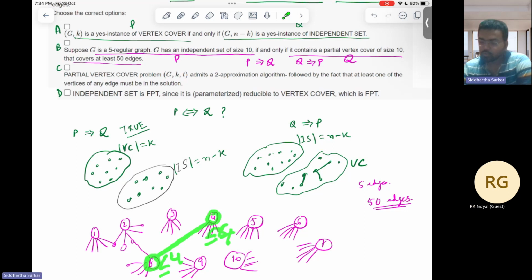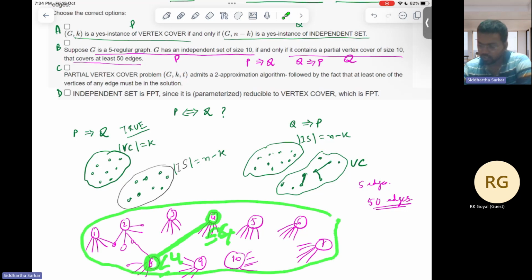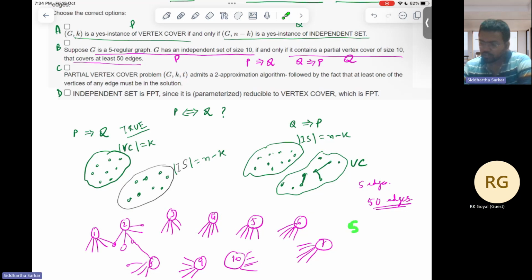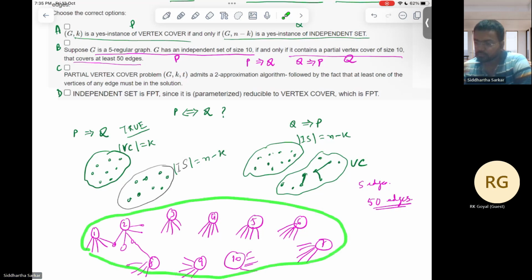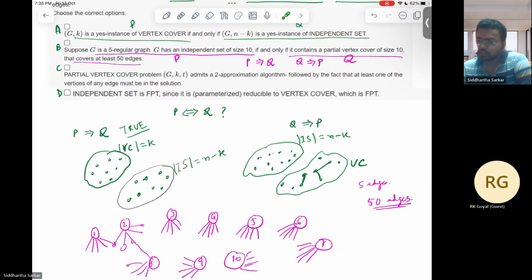Then the total number of edges covered by this set of 10 vertices will become at most 48, so 5 into 8 plus 4 into 2, which is a contradiction. Therefore, there cannot exist an edge between any pair of these 10 vertices forming the partial vertex cover. So this is an independent set of size 10. So Q implies P is also true. Okay.